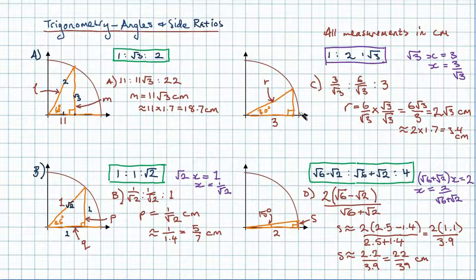So when it's 30, 60, 90, it always gives us a 1, 2, root 3, or 1, root 3, 2 ratio of sides. So worth remembering. And the second triangle that's definitely something that you should understand and memorize is the 45 degree triangle. 45, 45, 90 degree triangle, which will always give us 1 to 1 to root 2 side ratios.